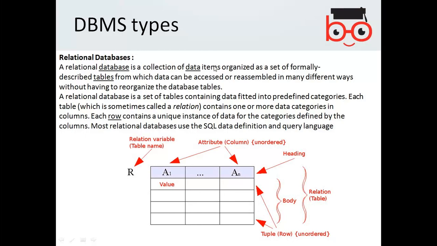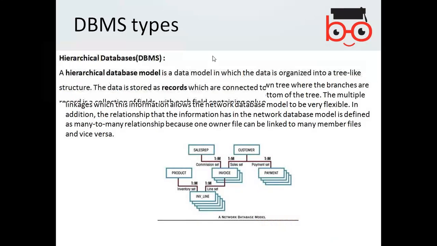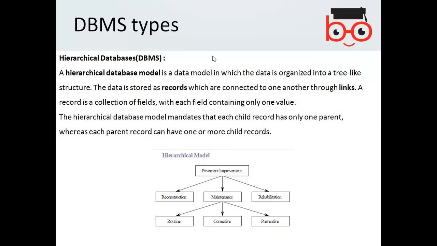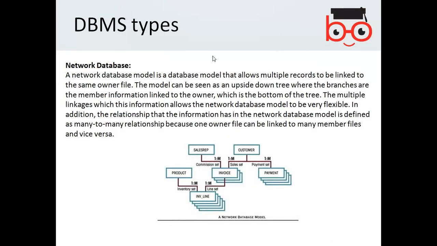This unit is relational database. We will discuss in detail the relational databases. However, the network databases, hierarchical databases, and object-oriented databases can themselves be units of a particular course, or can be very big topics of study.